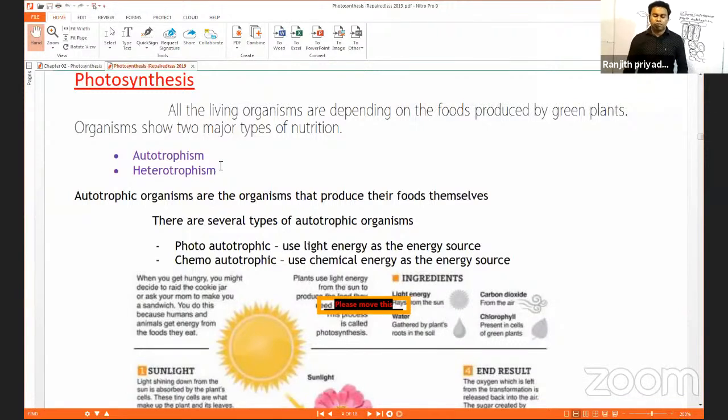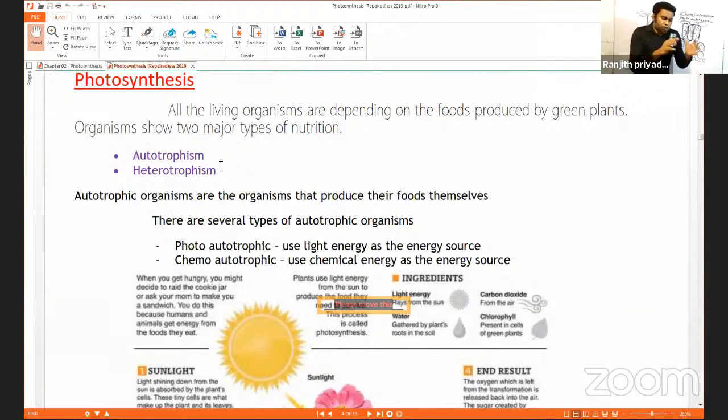And take down: photosynthesis is the process of producing foods.